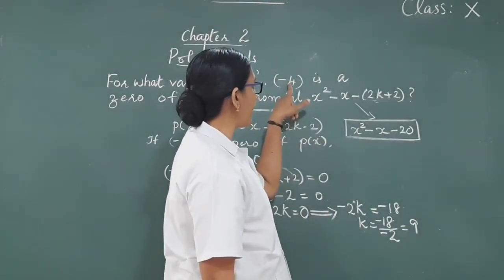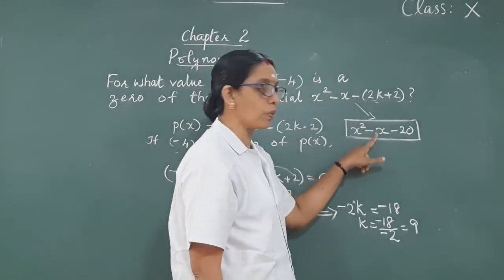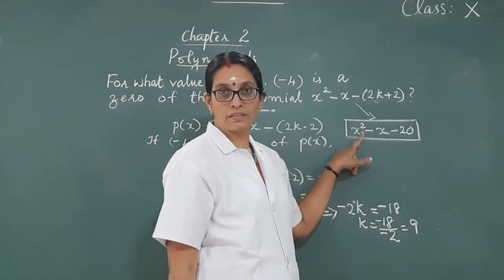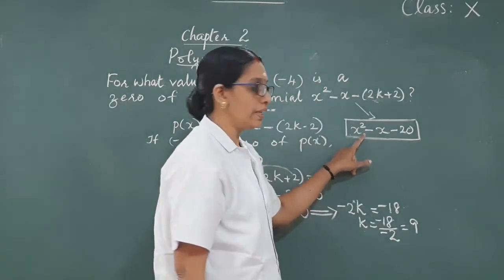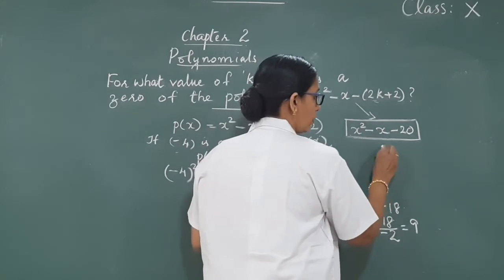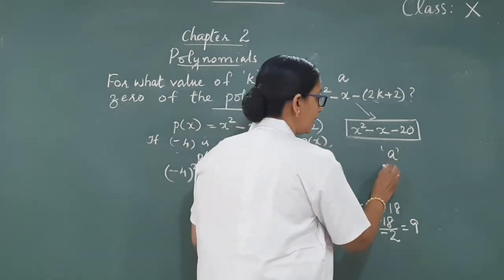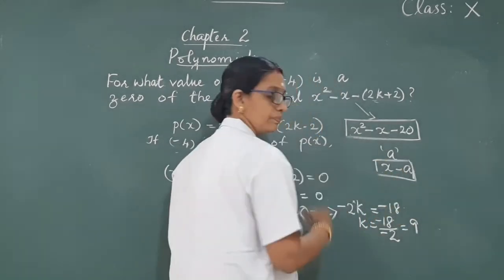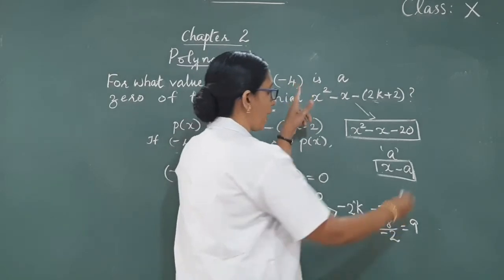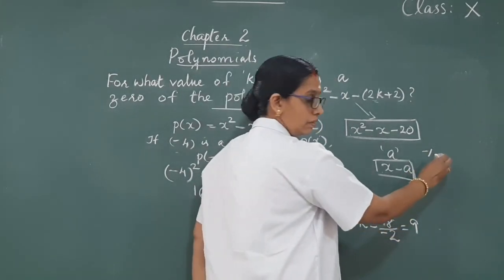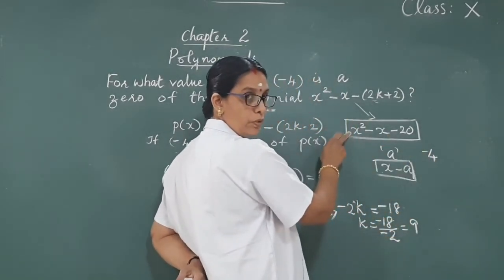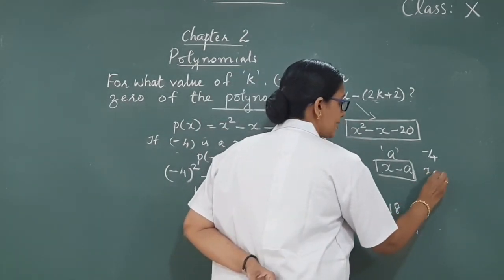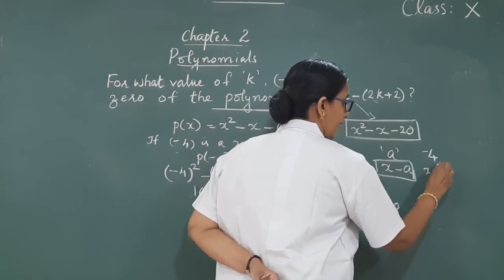Now, if minus 4 is a zero of this polynomial, we can say one of its factors. Last year we have studied: if a is a zero of a polynomial, then x minus a is a factor of that polynomial. So here, if minus 4 is a zero of this polynomial, how will you say the factor? x minus minus 4 is a factor.